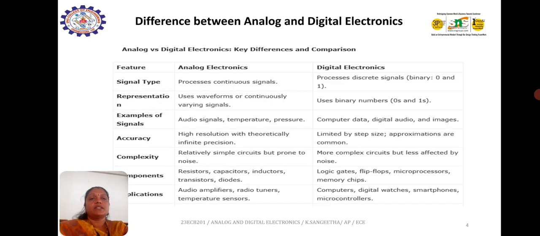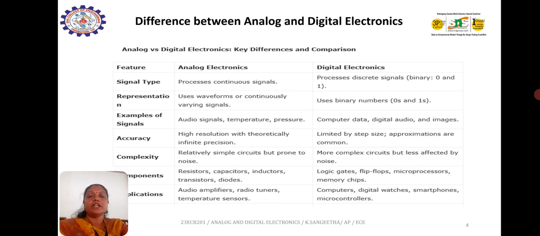The next one is the difference between analog and digital electronics. According to signal type, analog electronics is continuous with respect to time, and digital electronics uses discrete signals, that is 0 and 1.